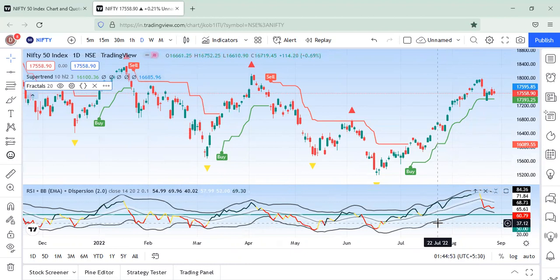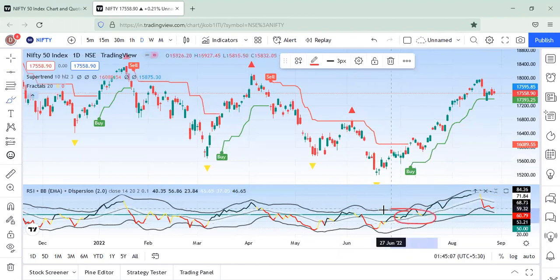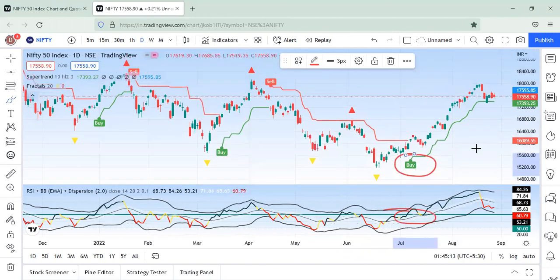RSI crossing from downside to upside, crossing 50, is a bullish territory entry, which happened in Nifty also. Here RSI just crossed above 50, and this bullish momentum starts where our buy signal generates in Nifty. The fractal which was there has given us a buy signal.